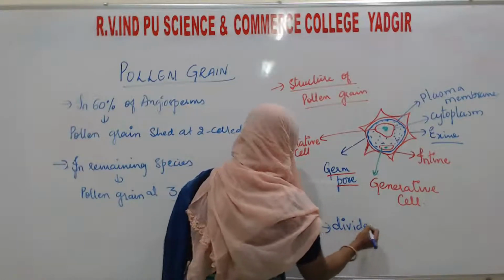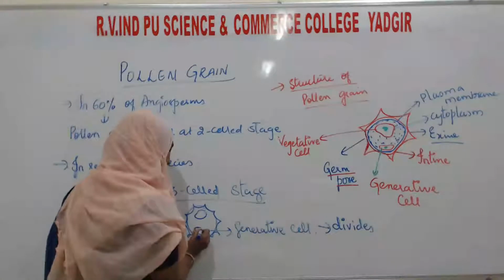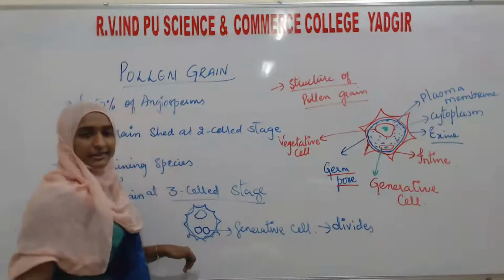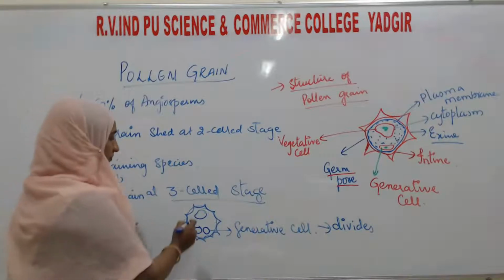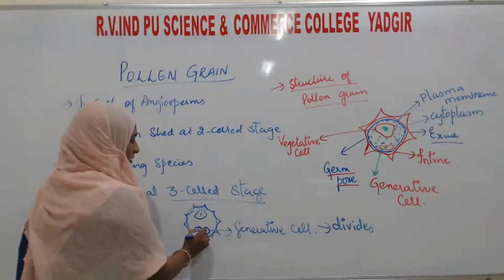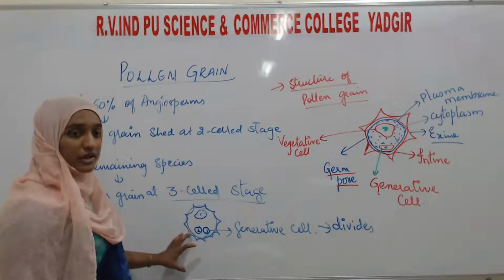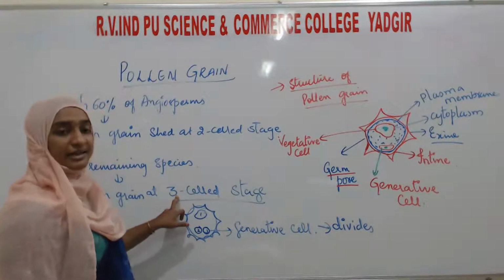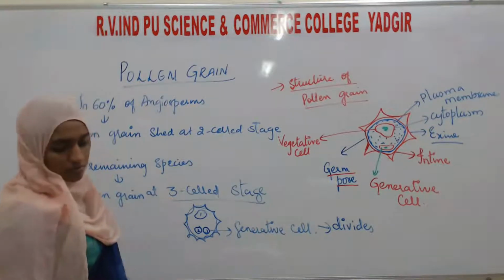If it divides, this one generative cell will become two generative cells. If these two generative cells form, how many cells will it become? 1, 2, 3. So this pollen grain we can call the three-celled stage pollen grain. Okay, so this is about the pollen grain.